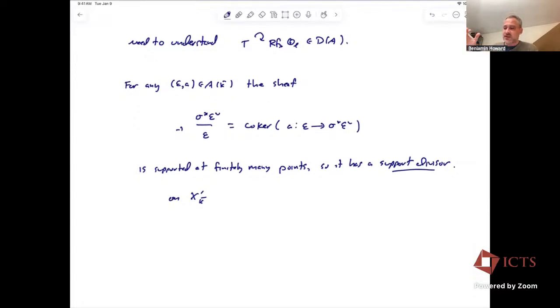And then you can decompose the Hitchin base A by looking at points where the support divisor has a particular degree. This divisor has even degree, and it's not hard to see that it's fixed by the deck transformation.